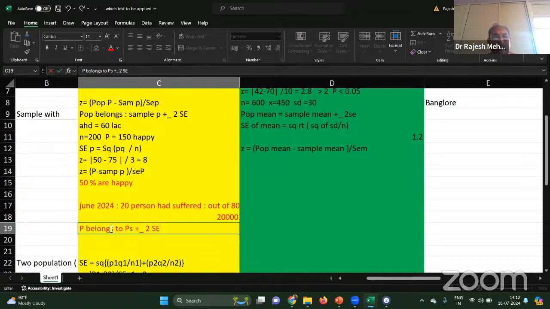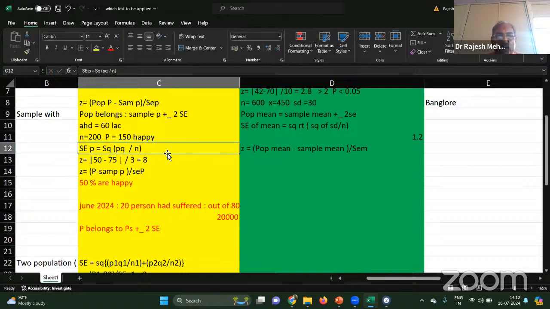So you need to find out the standard error in this case. And standard error, you know, is equal to the square root of PQ upon N.